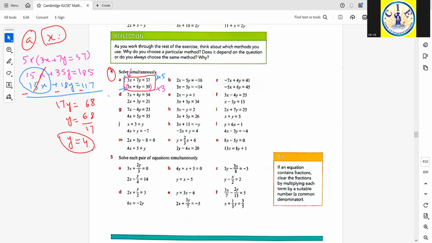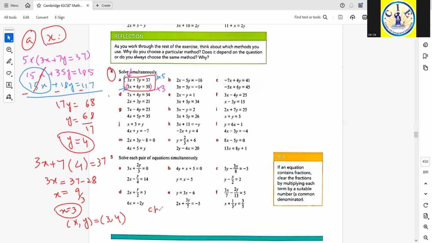Once we have got the value of one of the variables, we can substitute. Let me substitute it in equation number 1. 3x plus 7y, y is 4, is equal to 37. So 3x, 7 times 4 is 28. 37 minus 28, 9 divided by 3. The value of x is 3. So our answer is x, y, that is 3, 4.